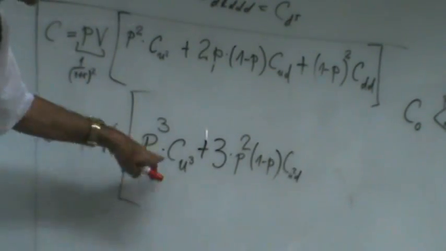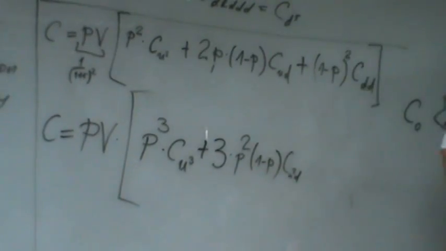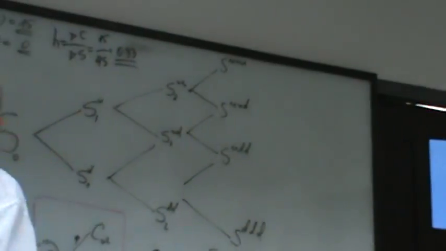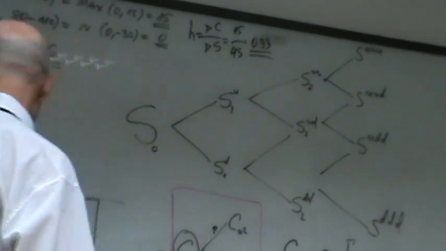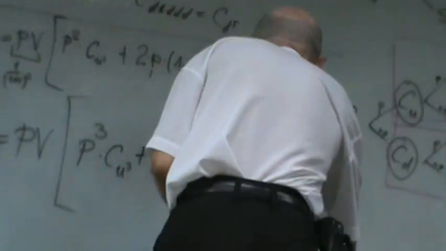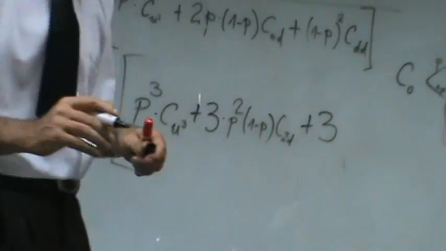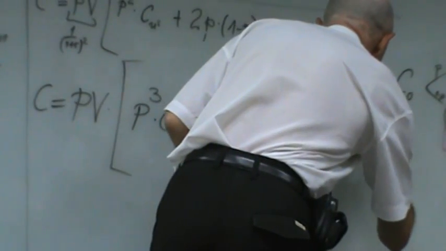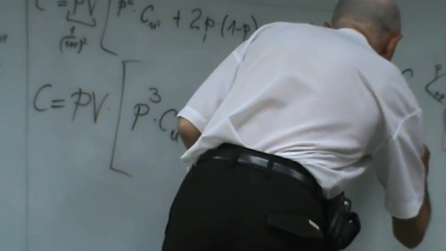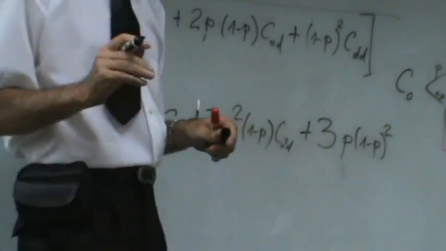So we got this piece here, this piece here. Now the next piece is plus 3 times P(1 minus P) squared.